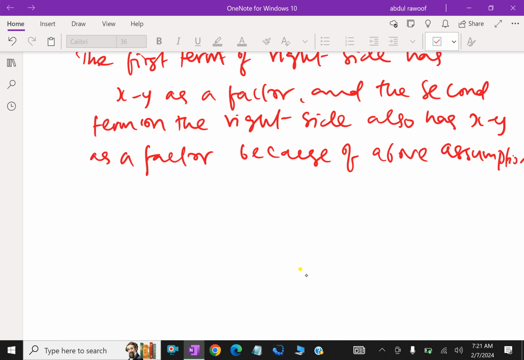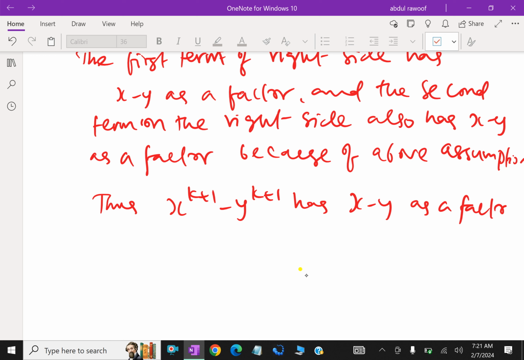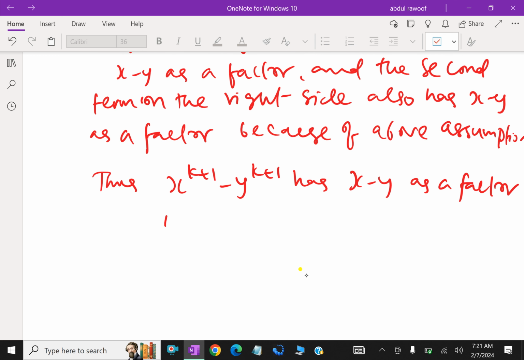Therefore, thus we can say x power k plus 1 minus y power k plus 1 has x minus y as a factor if x power k minus y power k does.